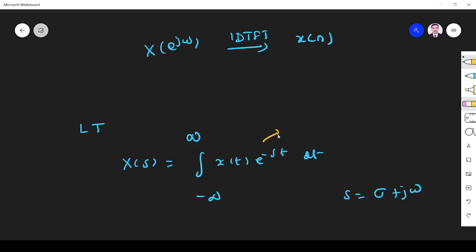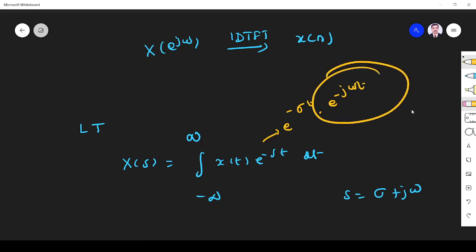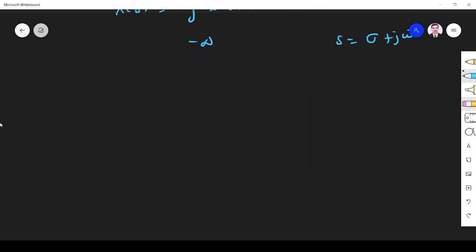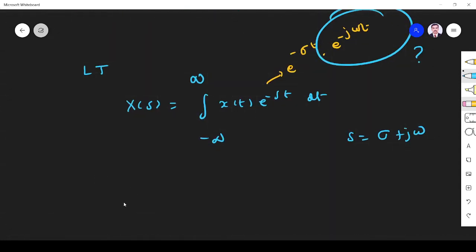Again you see e power minus sigma t, e power minus j omega t, again the complex exponential, right? Laplace transform converts a time domain signal into an s domain signal, and it is used to analyze continuous time systems, right?